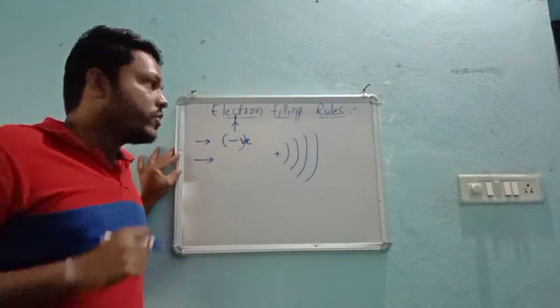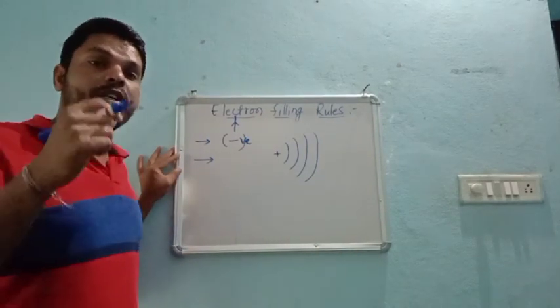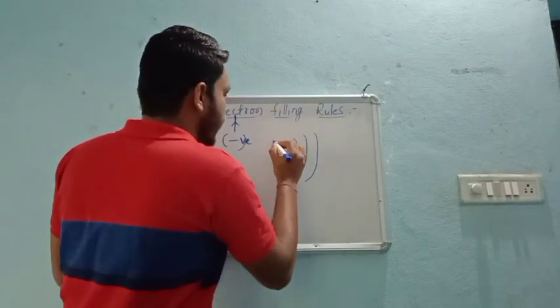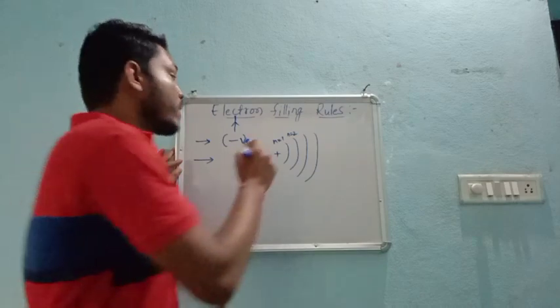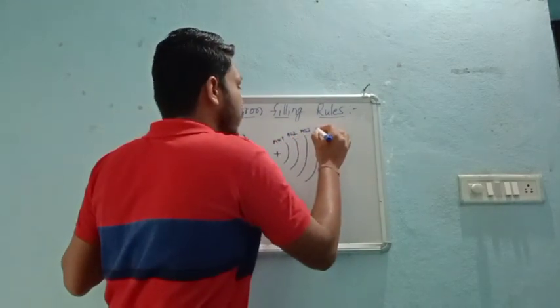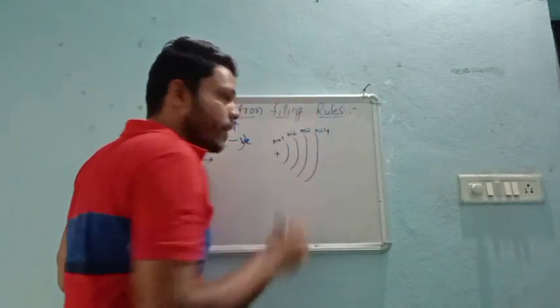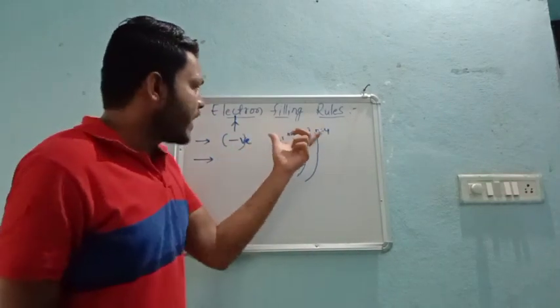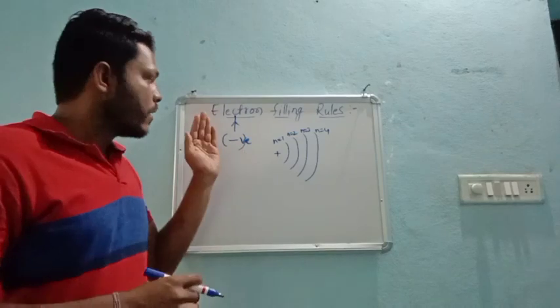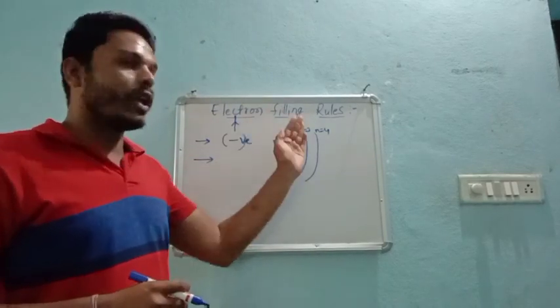the second point: electrons are arranged in different energy levels. For example, energy level n equal to 1, n equal to 2, n equal to 3, and n equal to 4. In the same way, by number he denoted n equal to 1, 2, 3, 4, and so on.